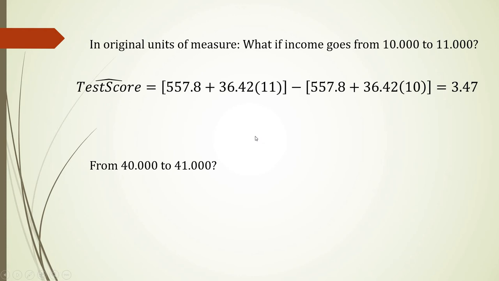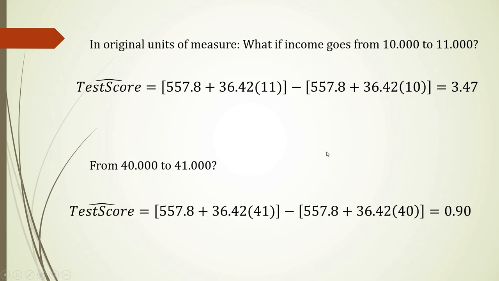Also, we will do that on some different part of the original horizontal axis, maybe for the values from 40 to 41,000. So we will now input 41 and 40 in our equation. You see that changes in test scores are much lower for higher average incomes of families, of households.